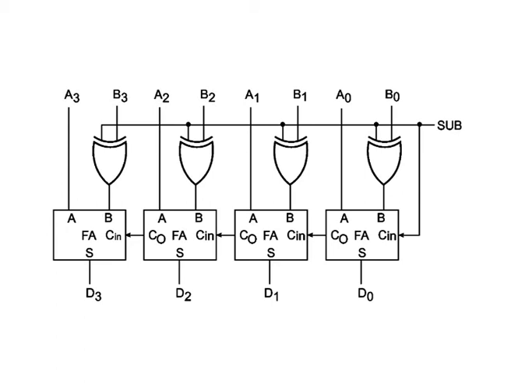If the same sub input is also fed to the carry in of the LSB full adder, what we finally achieve is the addition of 2's complement and not 1's complement. Thus, in the adder arrangement as shown in figure, we are basically adding 2's complement of B3, B2, B1, B0 to A3, A2, A1, A0.